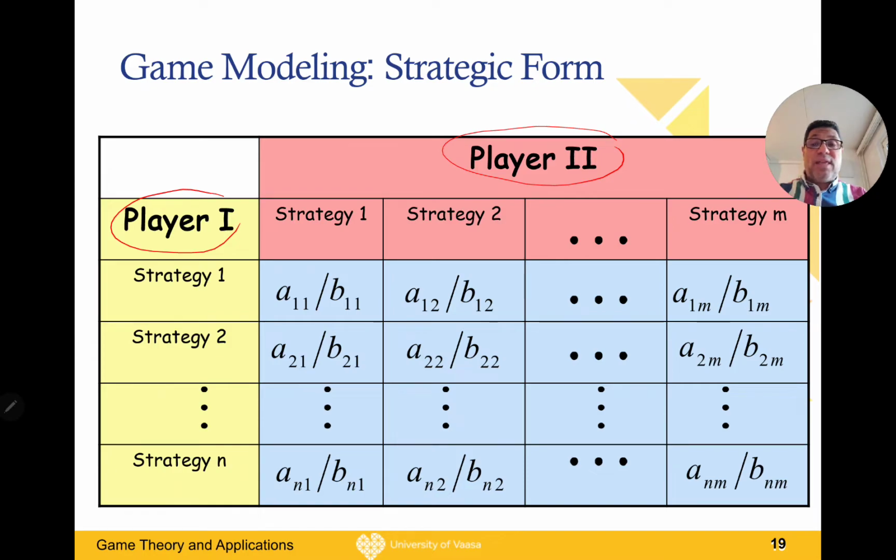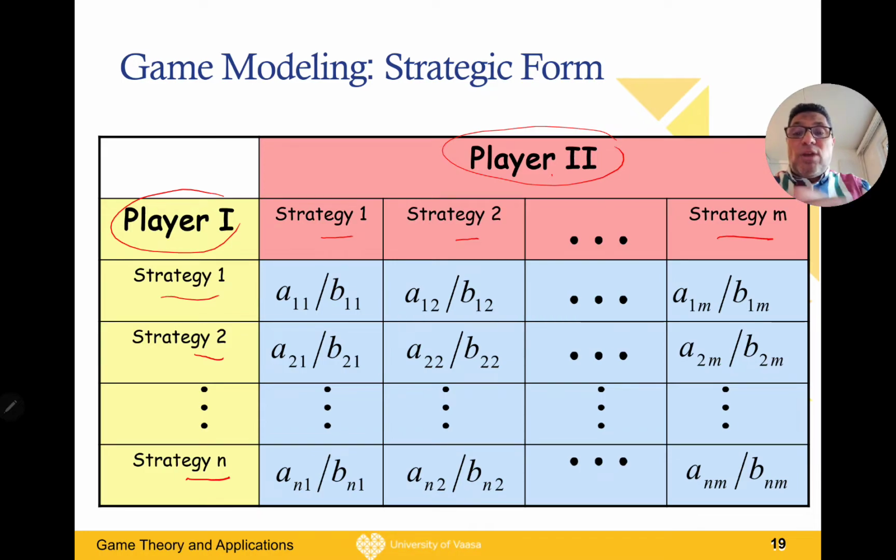However, here we assume that we have discrete strategies. So player 1 has strategy 1, strategy 2, up to strategy n. Player 2 has strategy 1, strategy 2, up to strategy m. They don't need to be equal, so every player might have a different number of strategies.